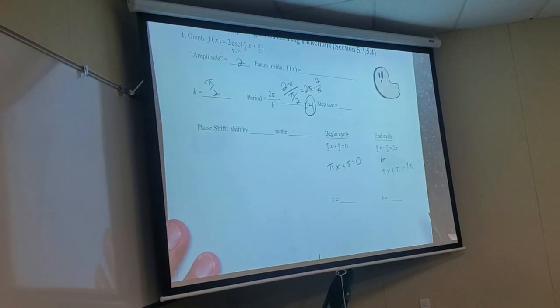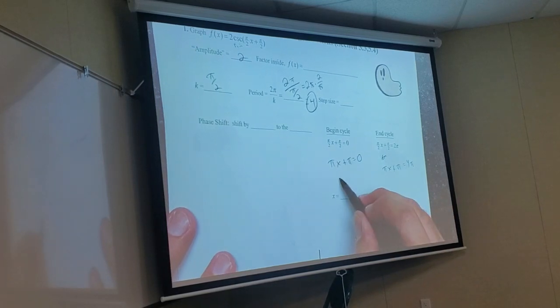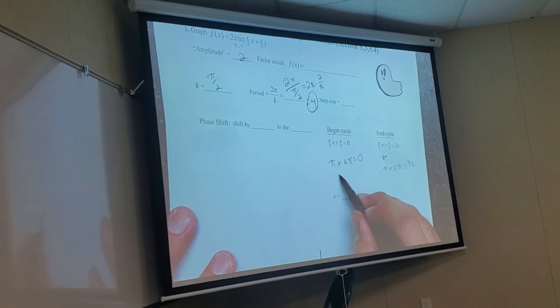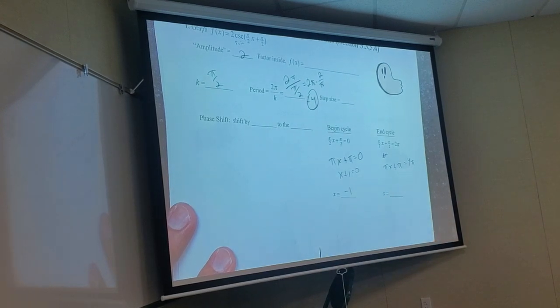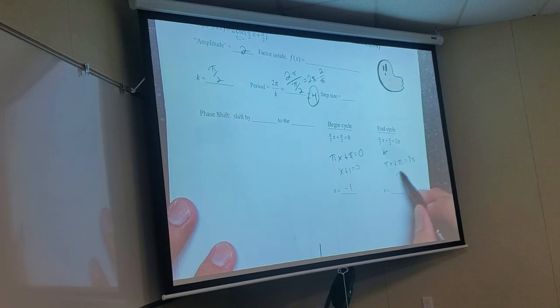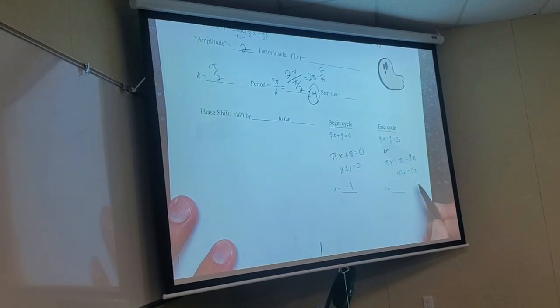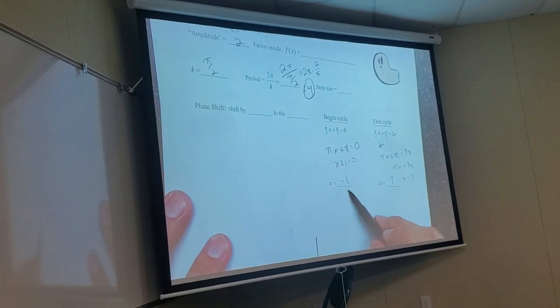Is that cool? You don't have to, but even if you do it the other way, you still won't get it. So here we get, what do you get when you solve this? You divide by pi, subtract 1, you get -1. All right. This one, if you subtract pi and divide by pi, you get 3. How far is it from -1 to 3?